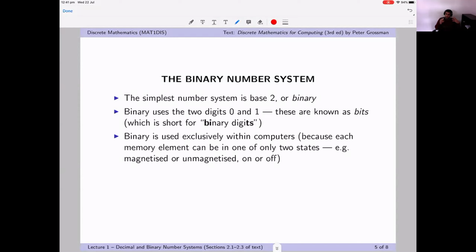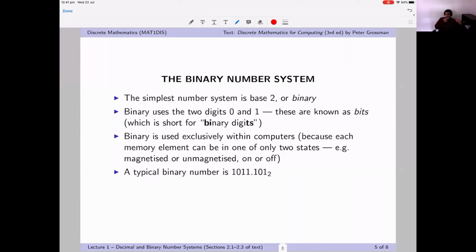In a certain sense, if you're only allowed digits 0 and 1, things are a lot simpler. In the base 10 system, you have 0, 1, 2, 3, 4, up to 9, so there are 10 numbers you're dealing with. Here you're only dealing with 2. So 2 is a lot simpler than 10.